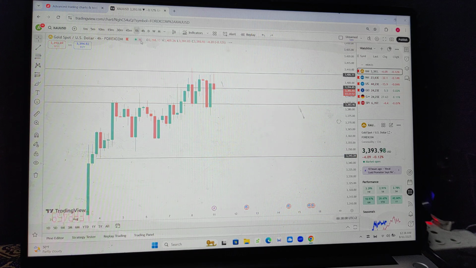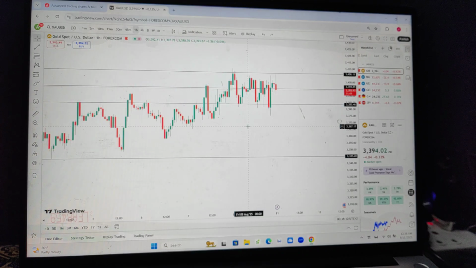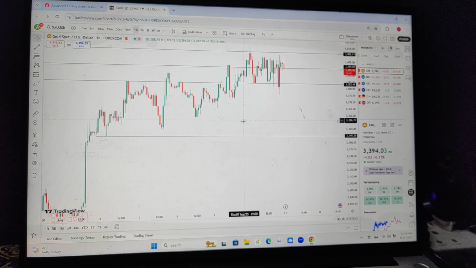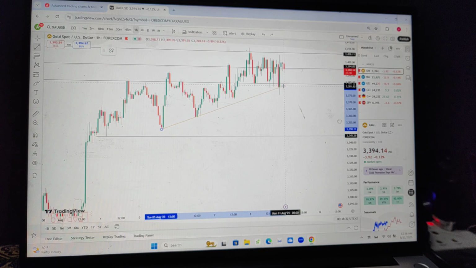From what I'm seeing on the 1-hour time frame, it also confirms clear trend line liquidity.